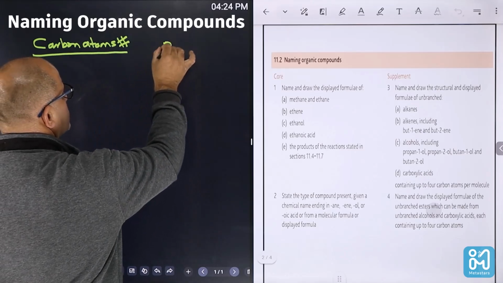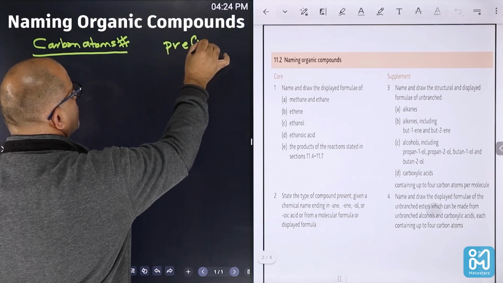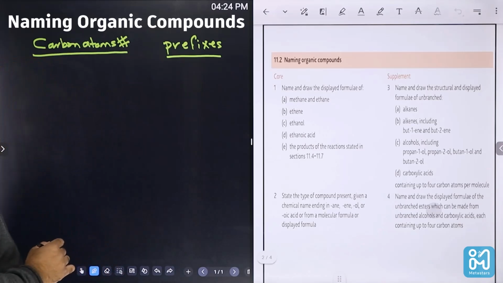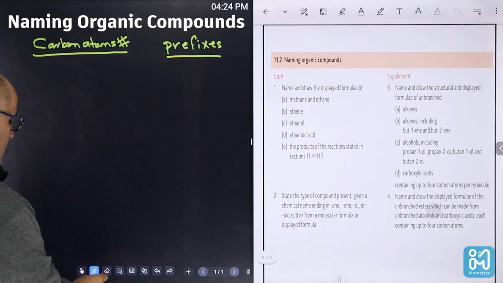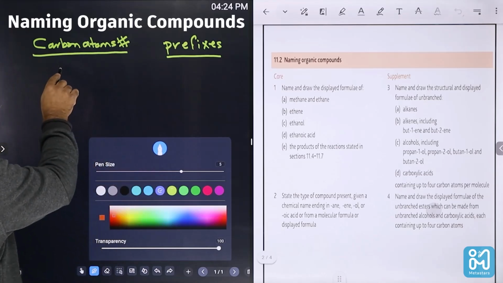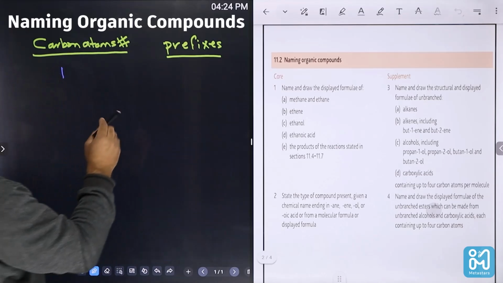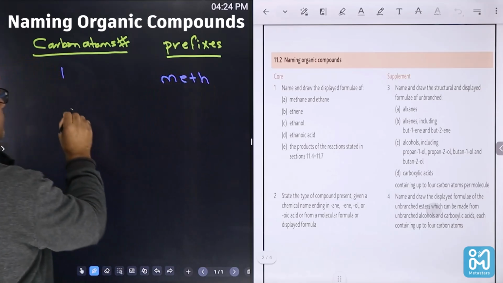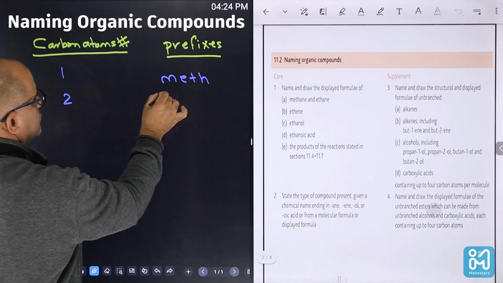So the prefixes used for the naming, depending on the carbon atoms, are: if we have one carbon atom, we use the prefix meth. If we have two carbon atoms, we use eth.